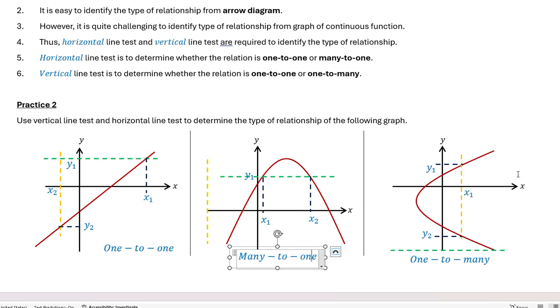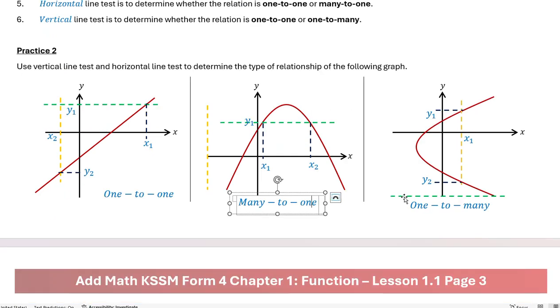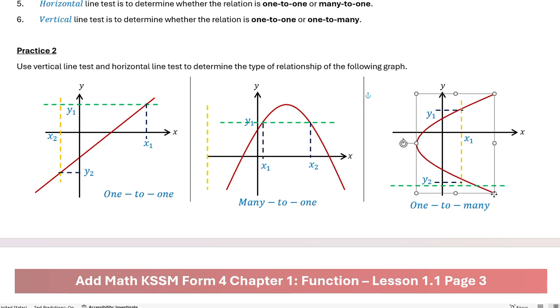Now let us move to the third one. Start with the horizontal line test. Let me grab the line first. Whenever I place the line, we always end up with one object and one image for the green one.